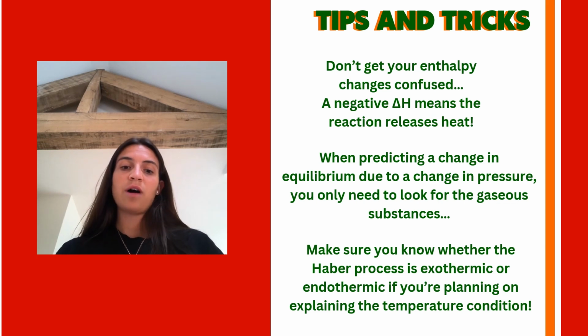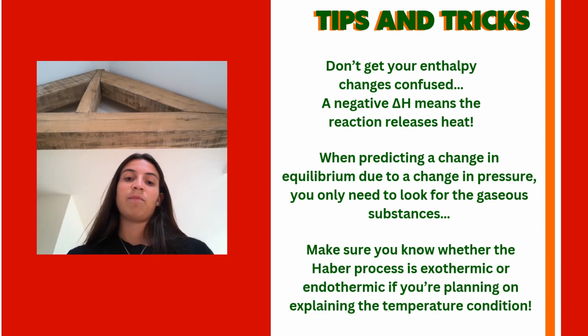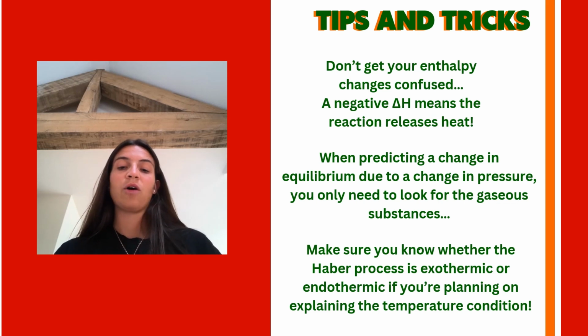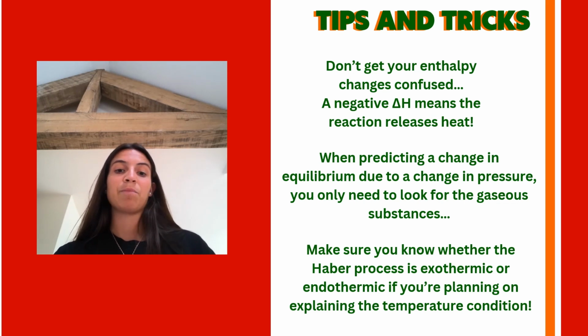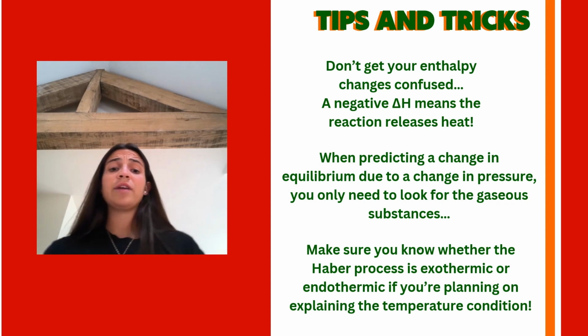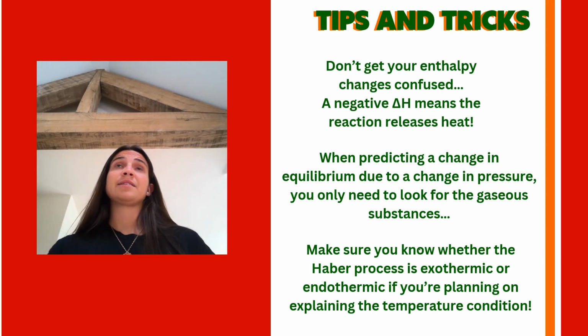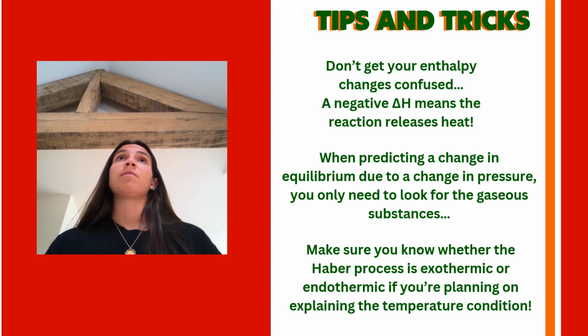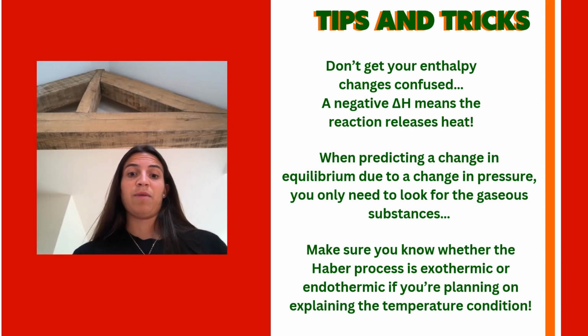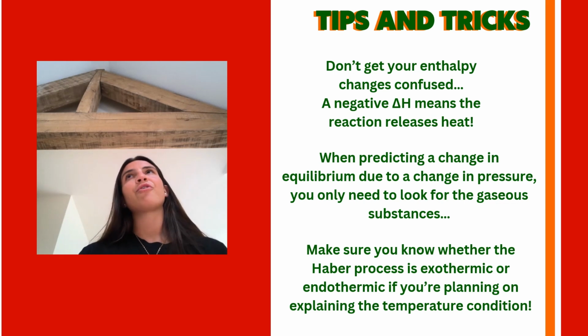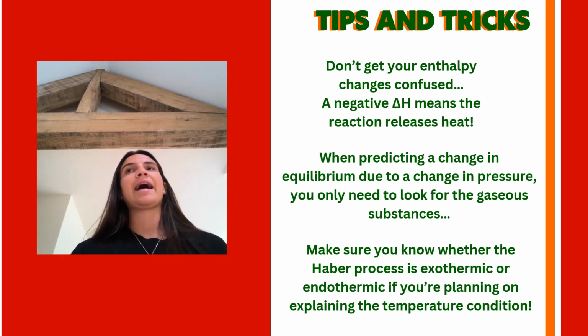Make sure you know whether the Haber process is exothermic or endothermic if you're planning on explaining the temperature conditions. So you need to know that in your Haber process, the reaction to get the ammonia out is an exothermic reaction. And therefore, in order for that to be prioritized, you would want your equilibrium to shift towards the right.